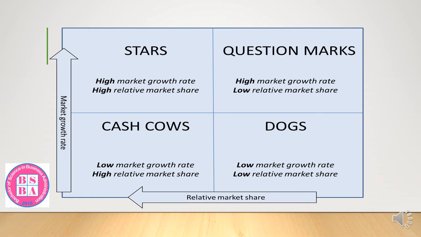And at the dogs quadrant, that is low market growth rate, low relative market share. So here, in the y-axis, that is the market growth rate. In the x-axis is the relative market share. So makaklasify nyo ang product ng isang company through this quadrant.